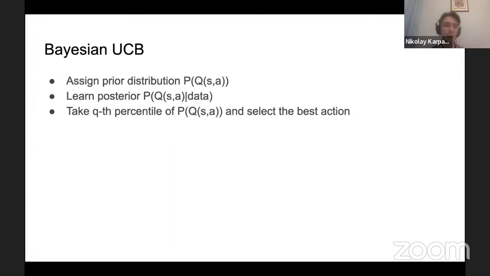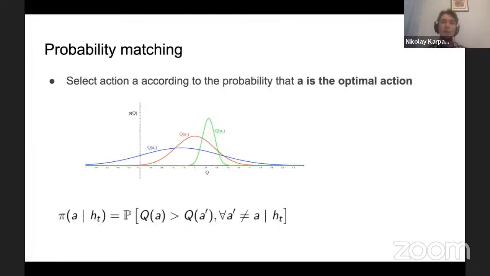So that's upper confidence bounds. One other way to do exploration is called probability matching. It is slightly different, but generally they represent the same idea.